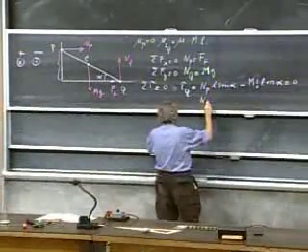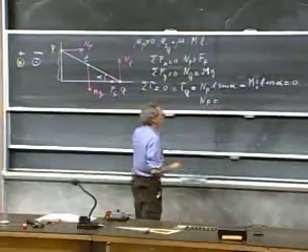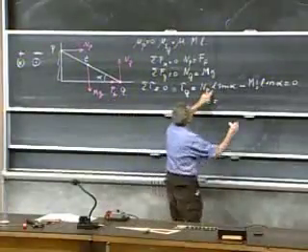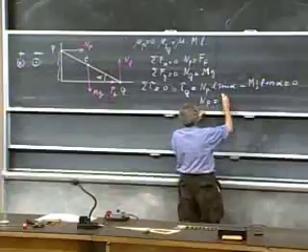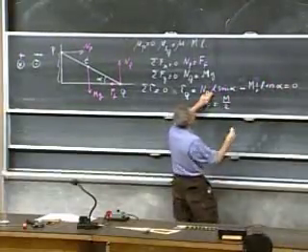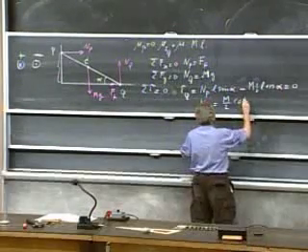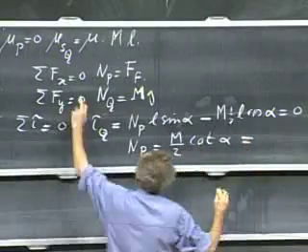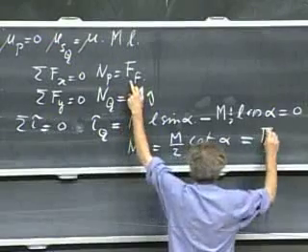So I find that N of P, the normal force at point P, I lose my L, equals M divided by 2 times the cotangent of alpha, and that must be the frictional force.